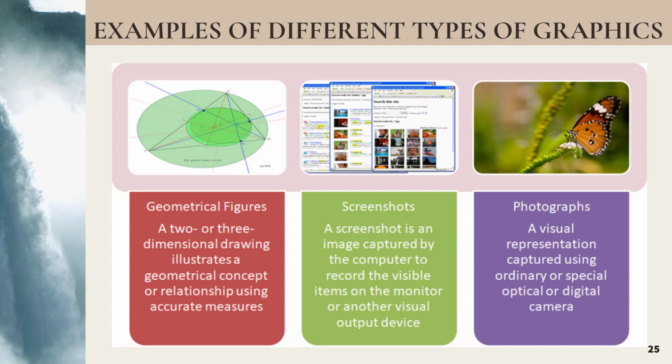And then we have the screenshots, which are an image that has been captured by the computer or the smartphone to show an item or a message or whatever it is. And then we have photographs, which are a visual representation of real objects.